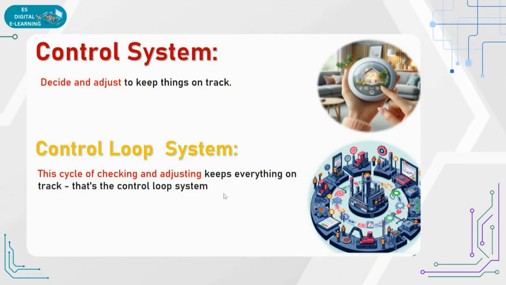The room temperature operates the same, meaning it automatically observes and adjusts automatically. So the cycle of checking and adjusting keeps everything on track; that is the control loop system.